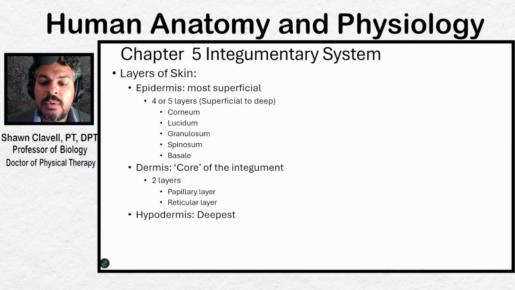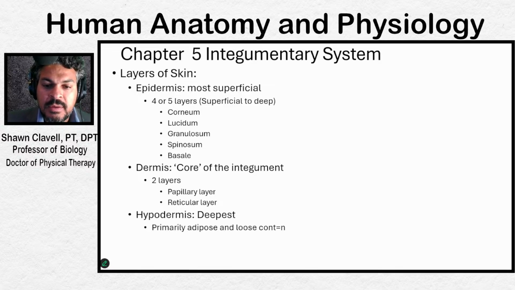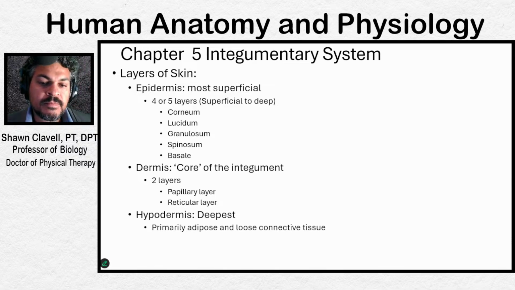And so the hypodermis, primarily, it's again not strictly a part of the integument. It's 1 layer, but primarily adipose and loose connective tissue, right?